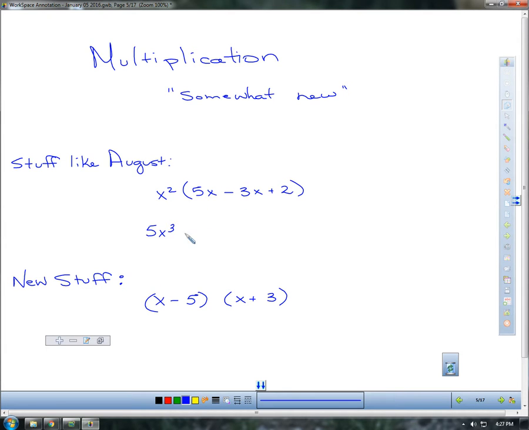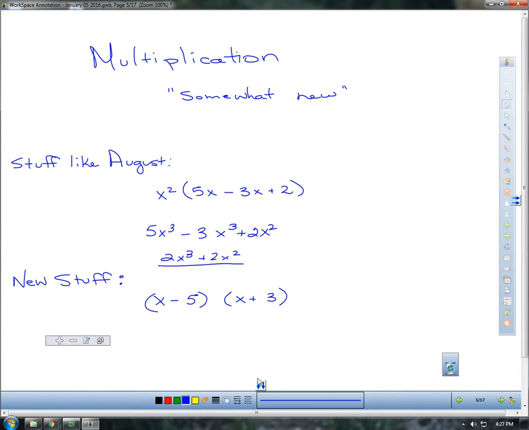And then I would do negative 3x cubed, and then plus 2x squared. These I can combine, so it would be 2x cubed plus 2x squared. Since these are not the same power, that is my answer.